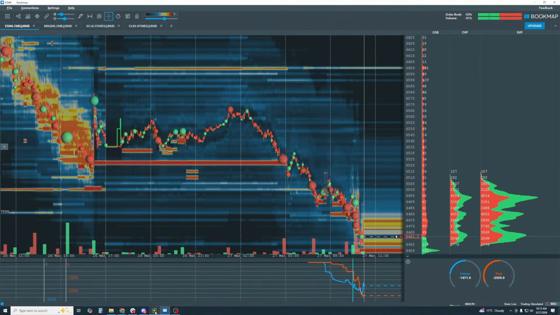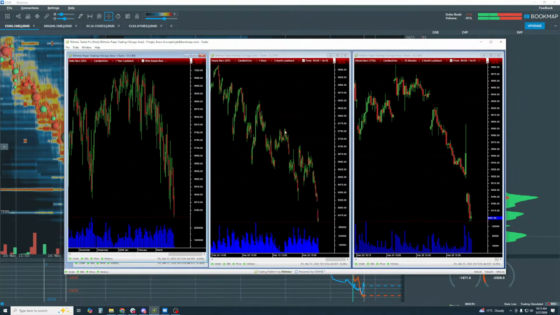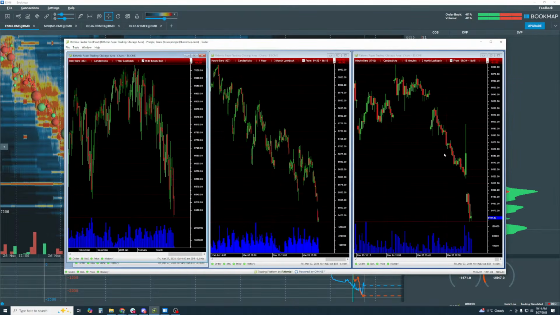If we jump back and take a look at our candlestick charts in here, we have the daily over here, the hourly in the middle, and then on the right hand side we have the 15-minute. Okay, here's that spike we see at the close yesterday, and then we see the gap and the go to the downside here.